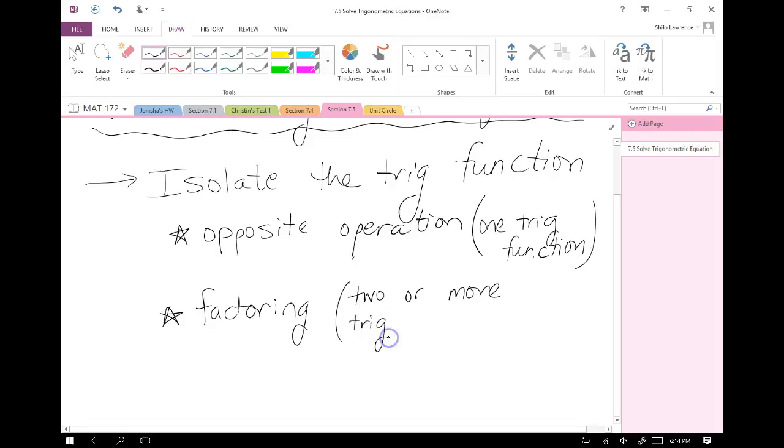And it could be that it's not two different trig functions. It could be two of the same trig functions, but it's two instances of a trig function that can't be combined. So we might have a sine squared in the problem, and then also just a sine in the problem. And those can't be combined because they're not like terms, because they don't have the same power.